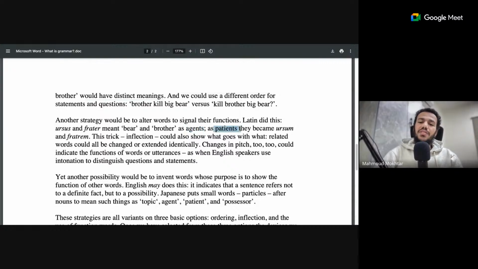As patients, they became different forms. That would be equivalent to the subject and the object, like I and me, they and them, he and him.